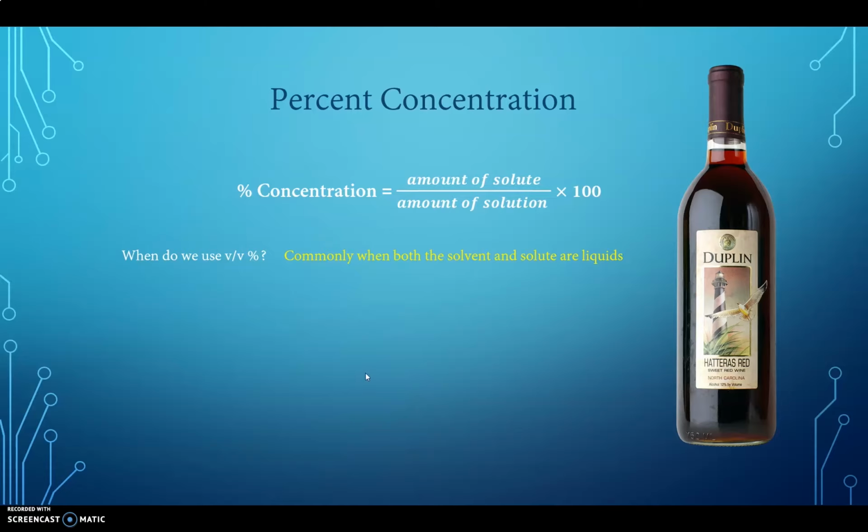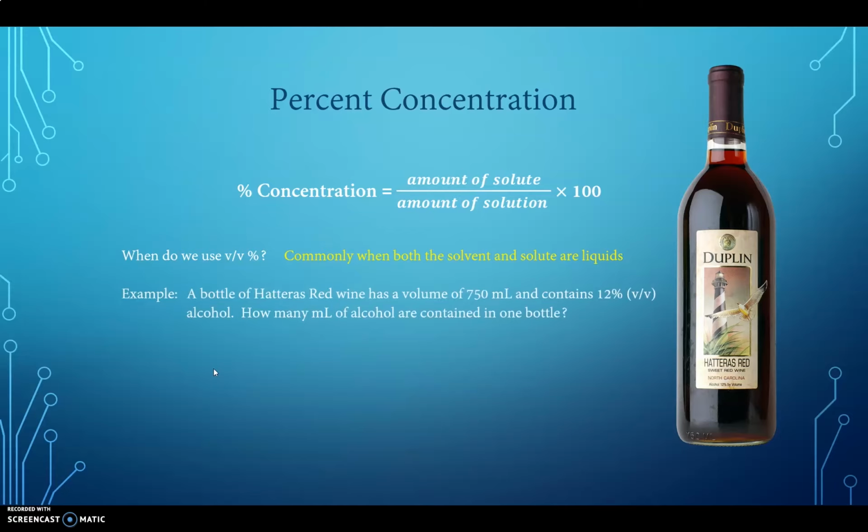Now, in addition to just calculating these percentages, you can use a percent as a conversion factor because these percentages are in fractions, so they're in the same form as a normal conversion. So for example, if we had this bottle of red wine and we knew that it contained 750 milliliters of wine, and we wanted to know how much alcohol was in there, we could use this percentage as a conversion to calculate that.